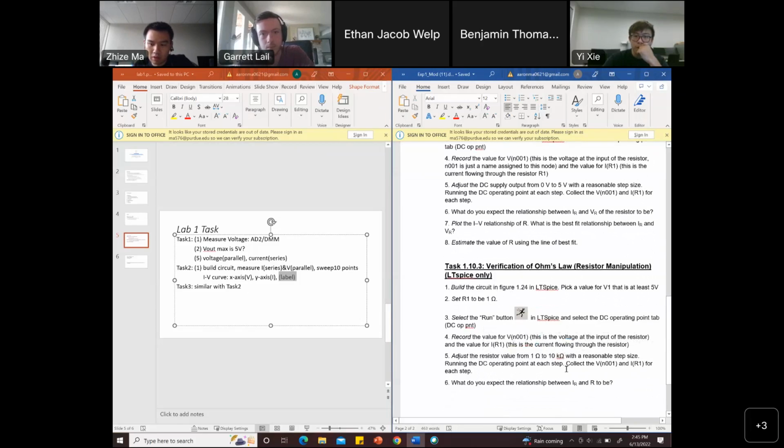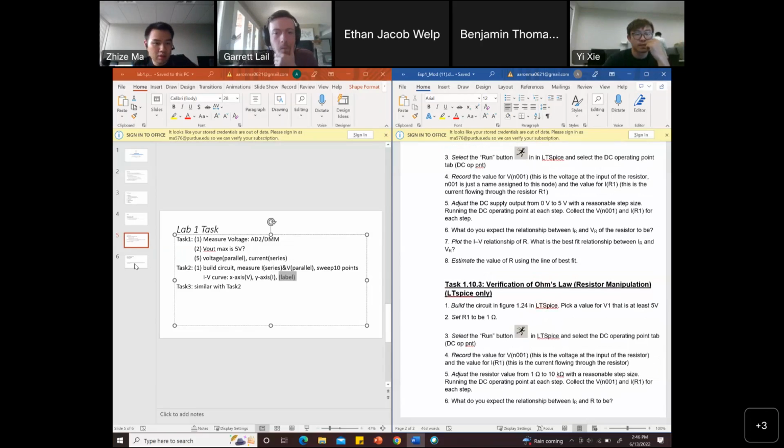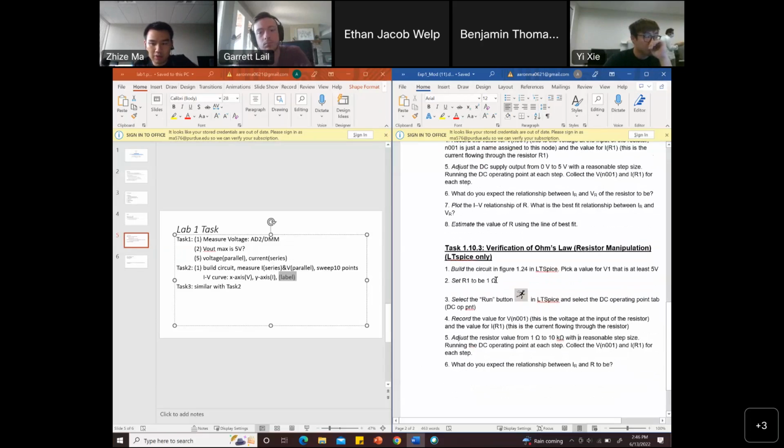I think they are going to plot the relationship between current and the resistor. Okay, so they will get a different plot. It's not a linear plot, but that's because of Ohm's law. I think that's all the tasks for lab 1.